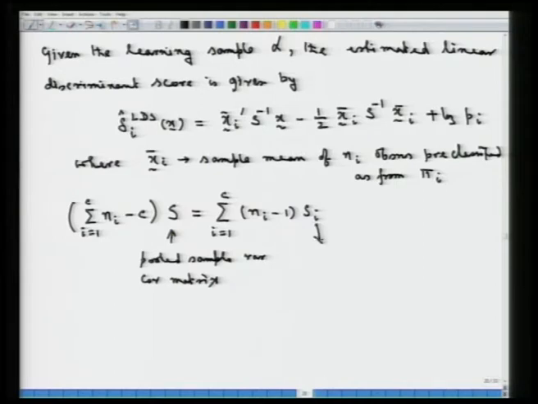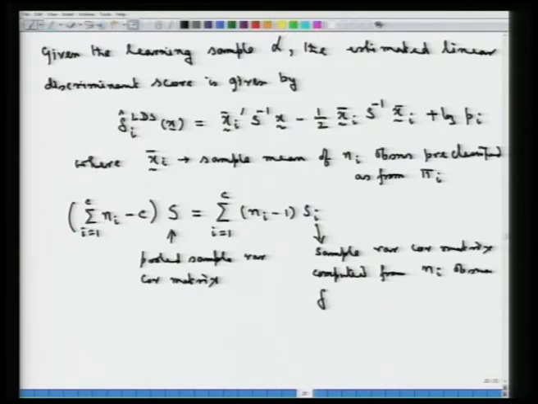Now, what are these Si quantities? These Si quantities are the sample variance covariance matrices computed from the Ni observations from the pi I population, right. So, those are basically the sample variance covariance matrices from each of these pre-classified Ni observations from the pi I population.